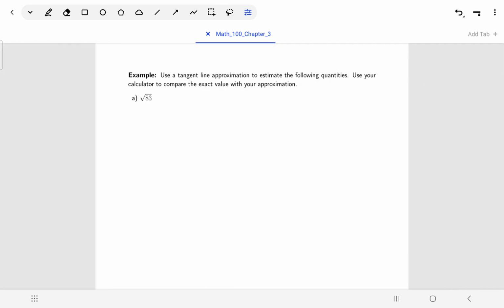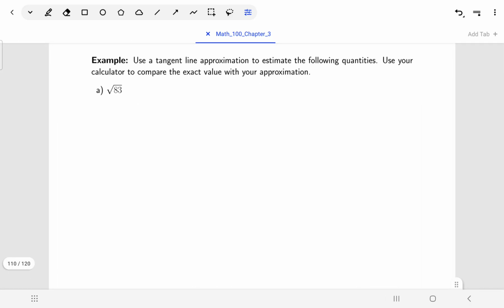Okay, so now I'm going to do a bunch of little linear approximations. Each time I'm going to start off with the function, figure out its derivative, and then think about which point I'm going to use, what is the c that I'm going to choose. I've got the square root function here, so that's my f of x, square root of x, and I know the derivative is 1 over 2 root x.